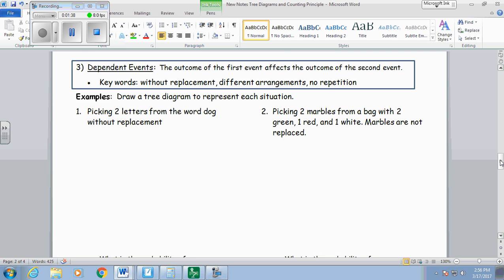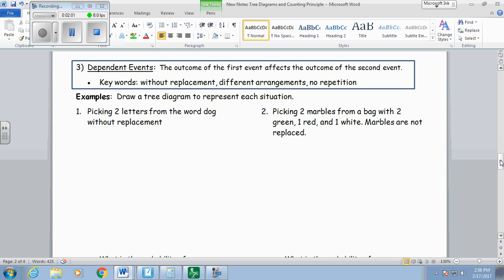Okay, so the first event, let's say if I was pulling from my popsicle sticks on my desk, if I take a popsicle stick out, and I don't put it back, I've now changed the number of outcomes for the second event. So that is why that is called dependent. The number of outcomes depends on the first. So what they're asking us to do is to draw a tree diagram to represent each situation.